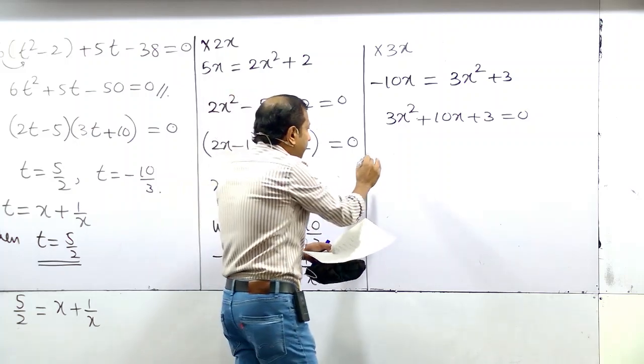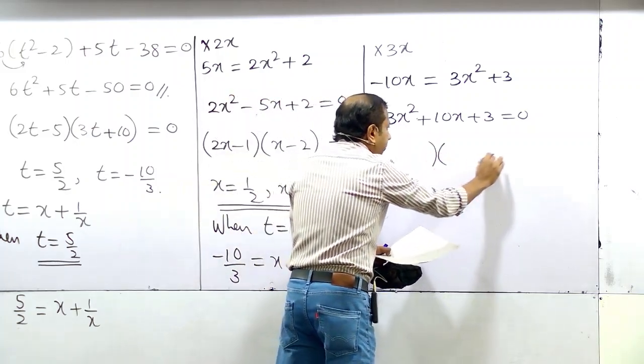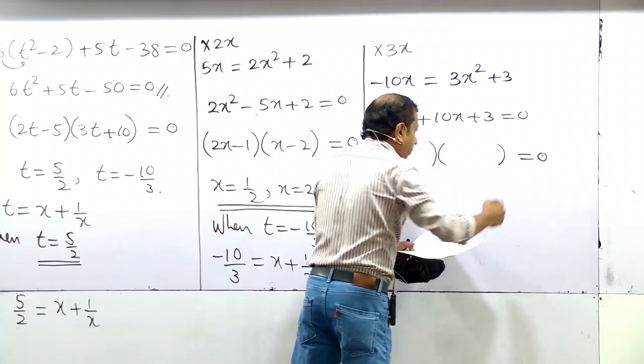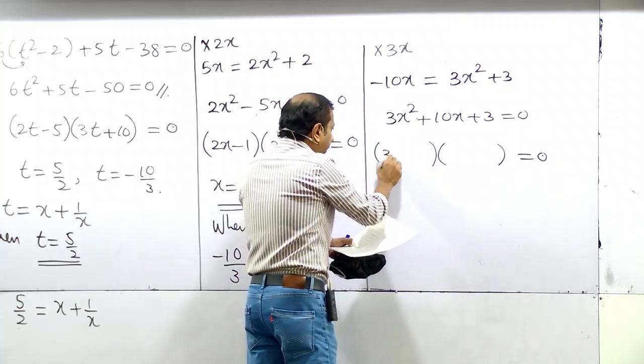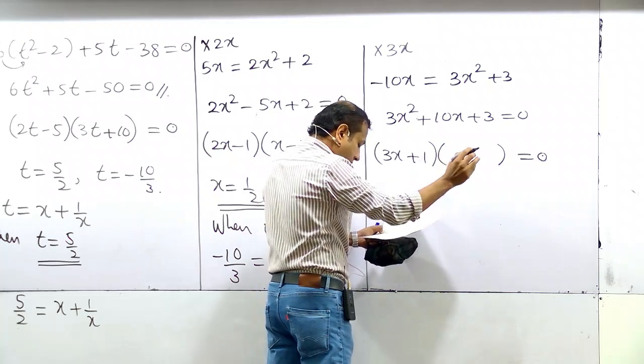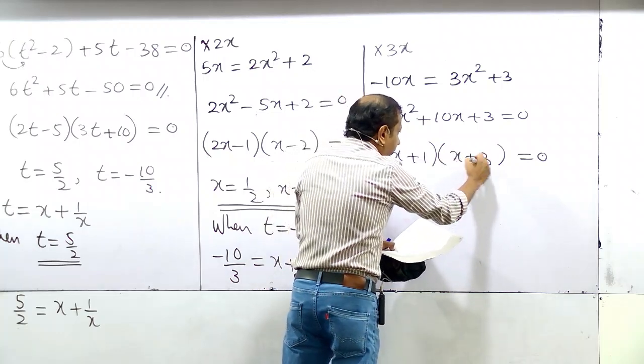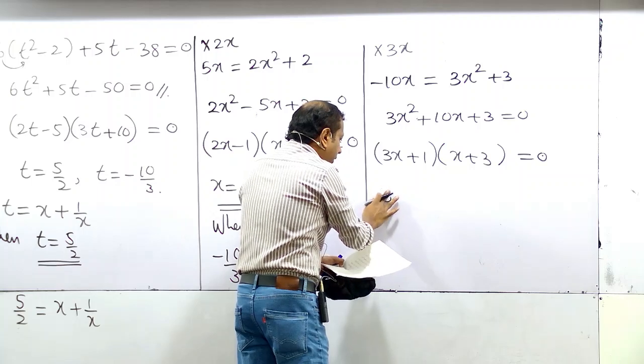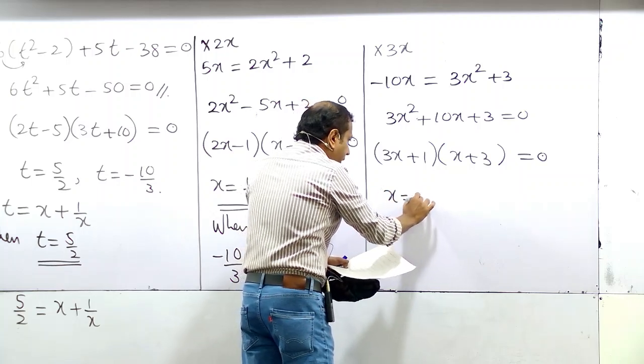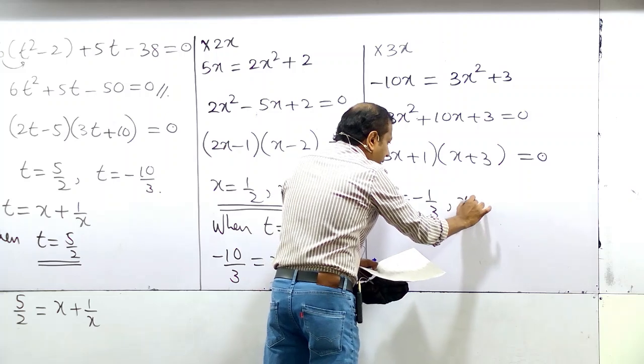Right, now factorize this: 3x plus 1, x plus 3. Then we get the next two answers for x: minus 1/3 here, and x equals minus 3.